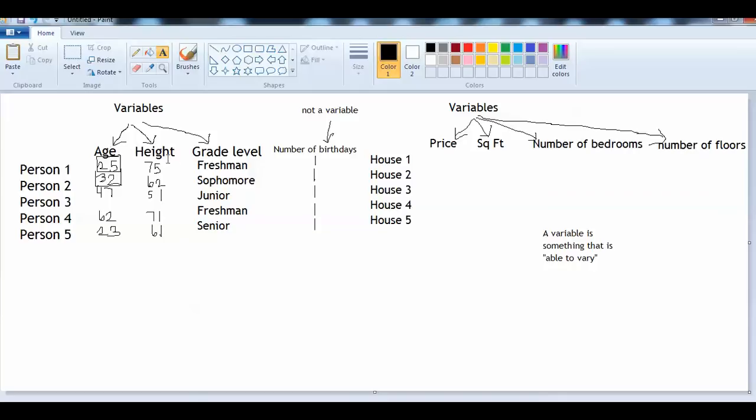A person would never say, I'm height inches tall, because height isn't a data value. It's a variable. But a person might say, I'm 75 inches tall. So 75 is a data value because it could be a certain person's height. So the variable is just the idea of what you're measuring or what you're recording. So the idea of age is a variable, and the idea of height is a variable, and the concept of grade level is a variable.